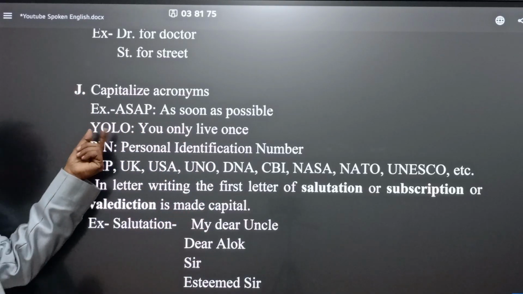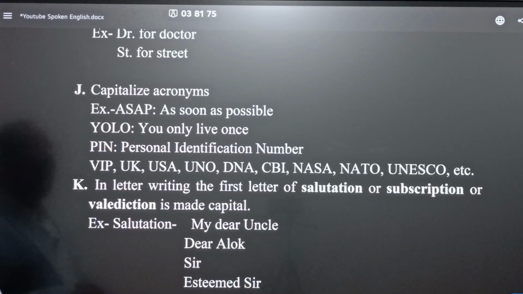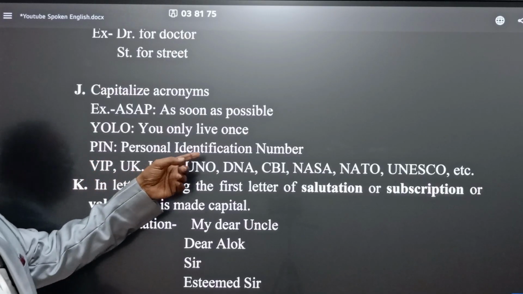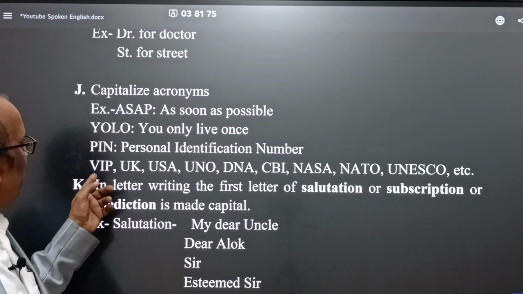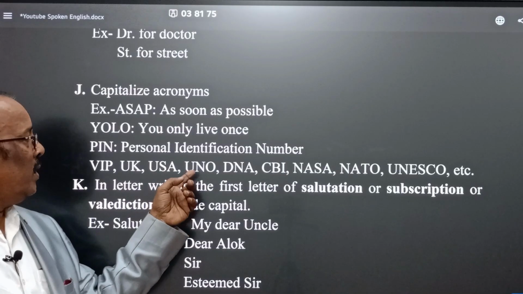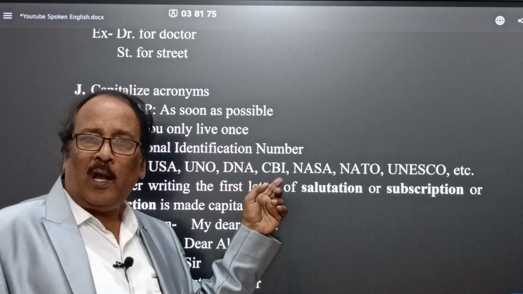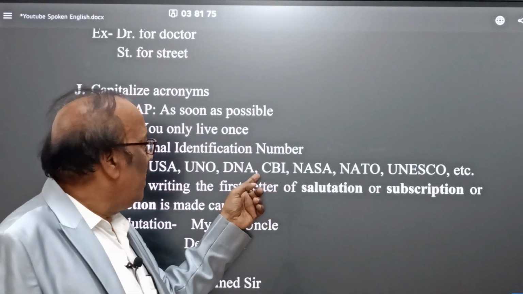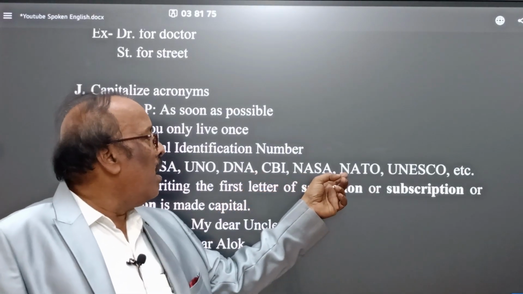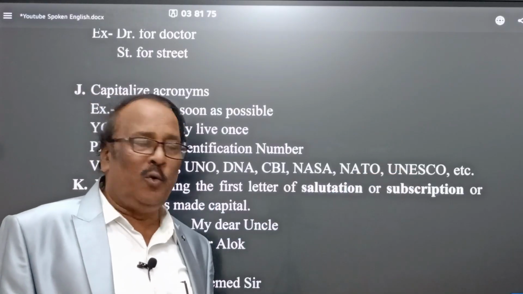In this case, this is also an acronym. PIN, personal identification number, as you know. VIP, UK, USA, UNO, DNA, deoxyribonucleic acid, CBI, NASA, NATO, UNESCO.